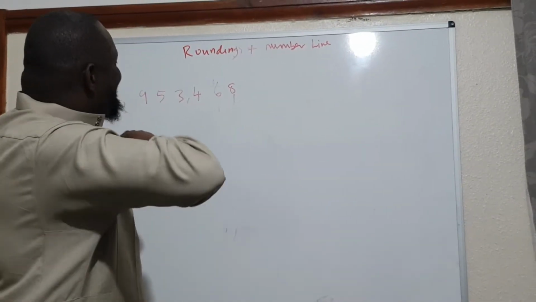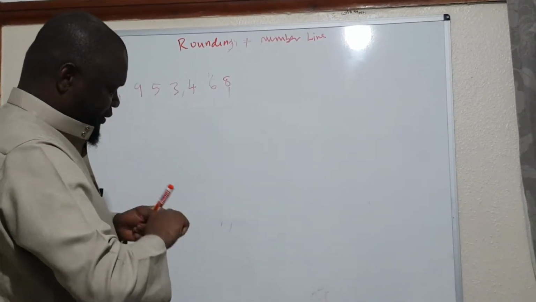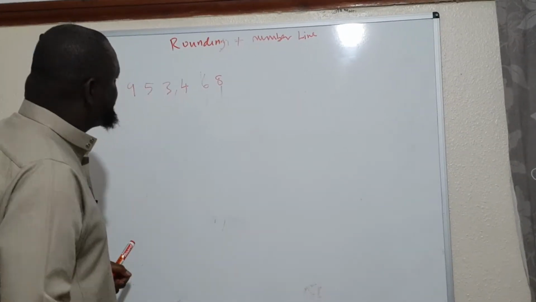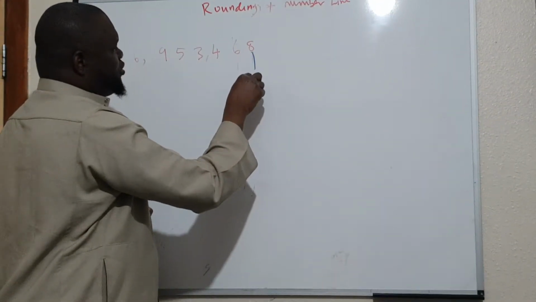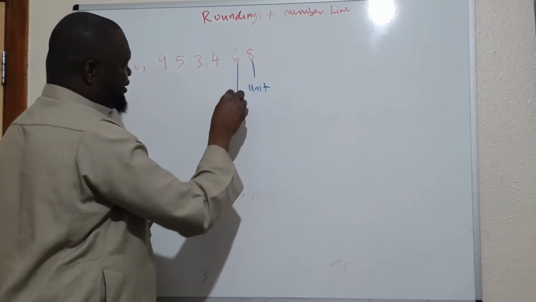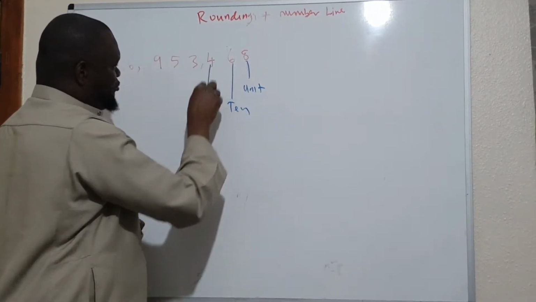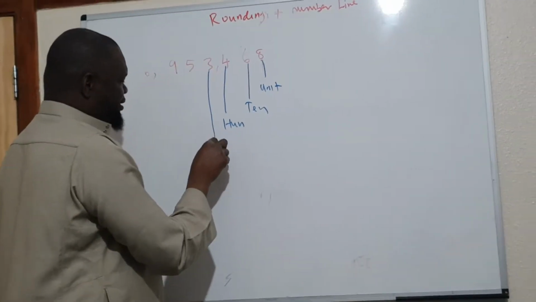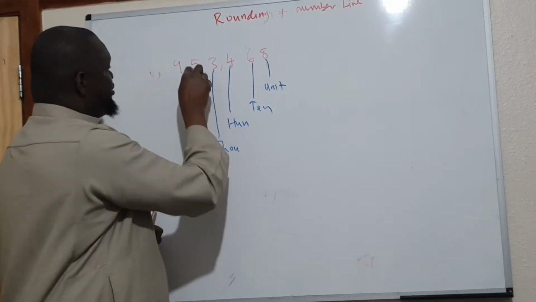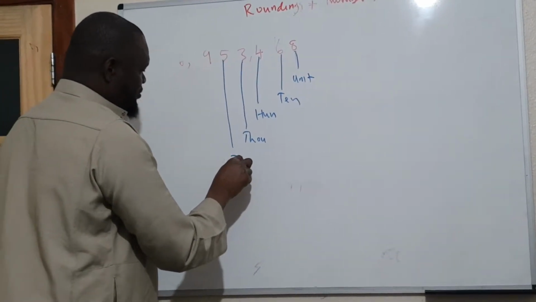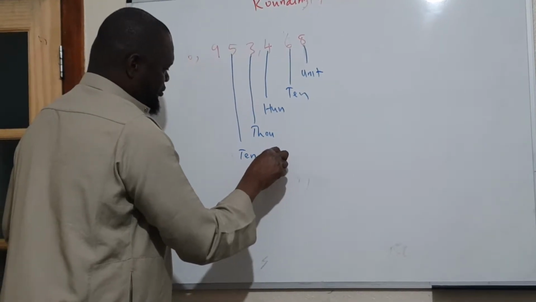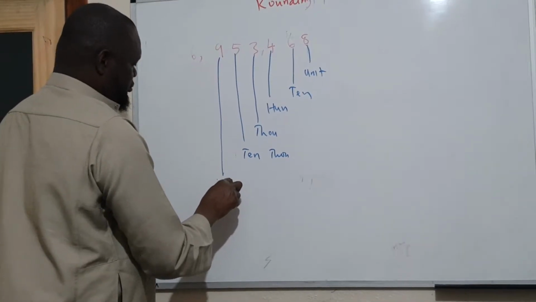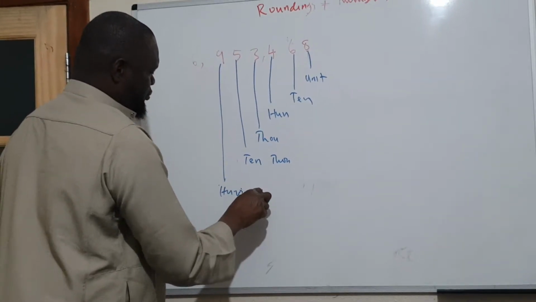Now, let's look at this. If you are doing roundings, as I said, you have to look at the position of each figure. In this, 8 represents a unit. 6 represents a 10. 4 represents a 100. 3 represents a 1,000. 5 represents a 10,000. 9 represents 100,000.